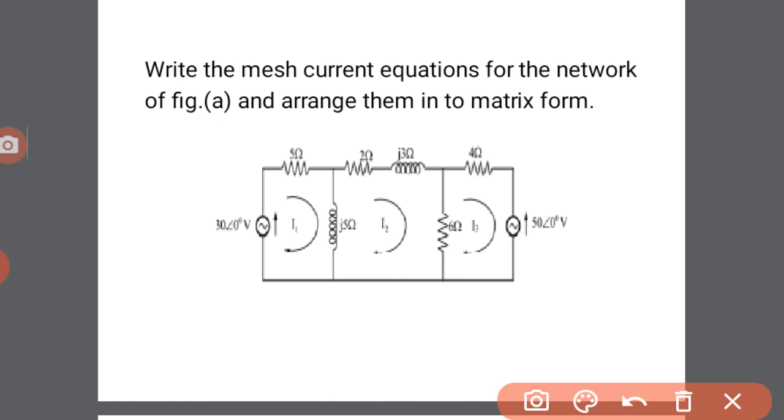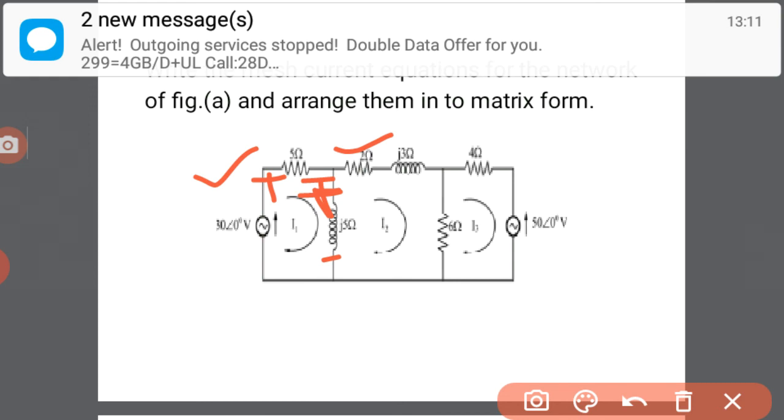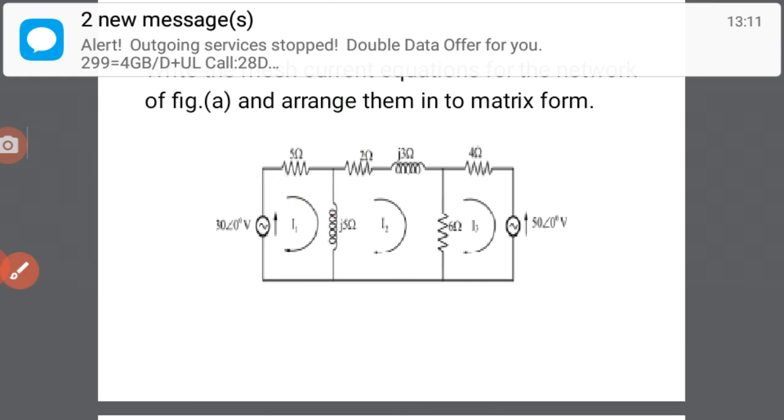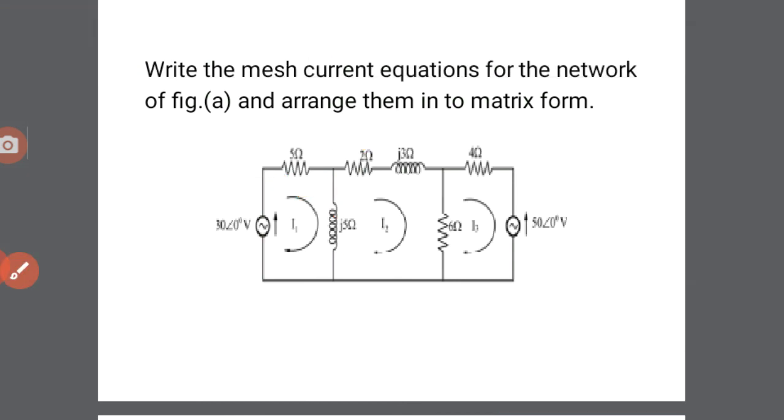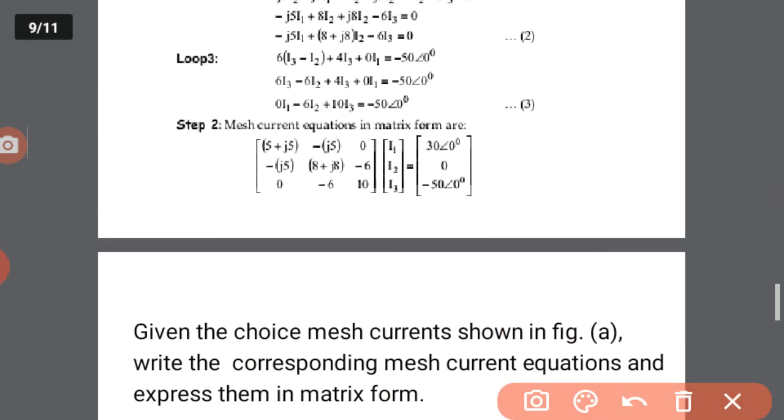Okay, next, for the KVL application, just note down the plus and minus polarity indication, that is the voltage drop across each element. After that, either we are considering positive or negative, that means either entering or leaving.